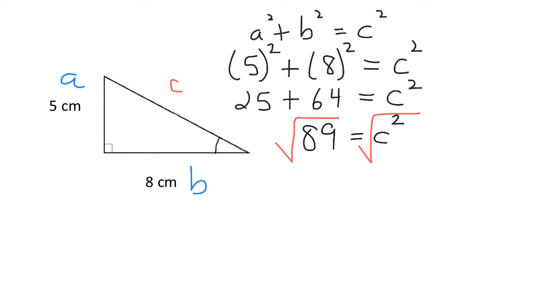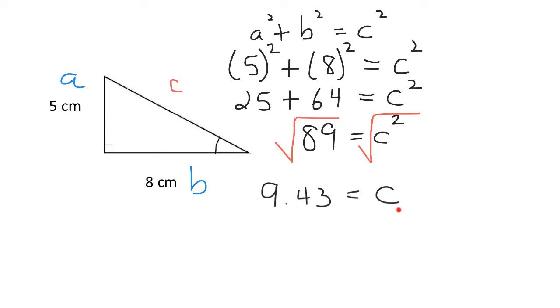I am going to round off my answer and keep 2 decimal places. So I'm going to round my answer to the nearest hundredth, and that means I'm just going to keep 2 numbers after the decimal. So the square root of 89 would be 9.43. And that's simply going to be equal to the letter C, because by square rooting a variable that is already squared, those things are in essence going to cancel each other out.